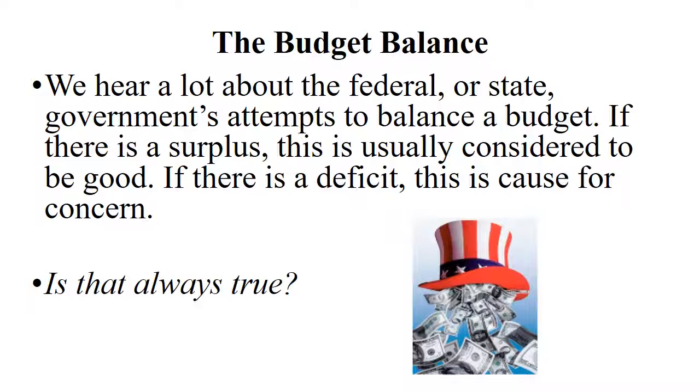It's usually a little bit more complicated than that. So in this case, surpluses and deficits often go alongside with the business cycle. When you're in an expansion or recovery, that can naturally lead to a surplus, and recessions can create deficits. We're going to talk about some of the automatic reasons why those things occur. So that tells us that we're going to have some good years and some bad years, but they balance each other out.